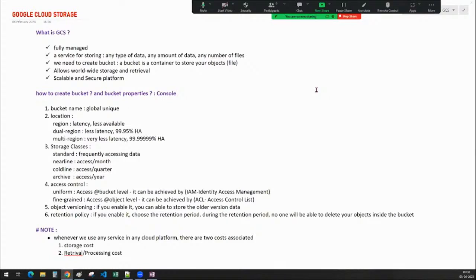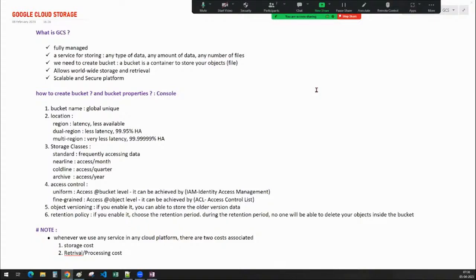We also have to decide which storage classes to use, the location, and object versioning. And what kind of tool is it? Google Cloud Storage is a service for storing any type of data, any number of files. It operates via buckets and objects.